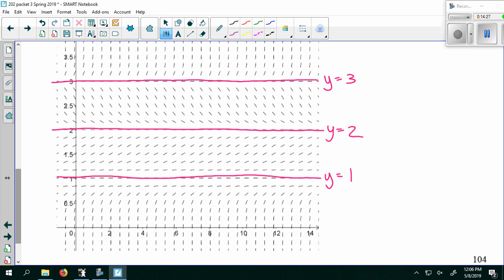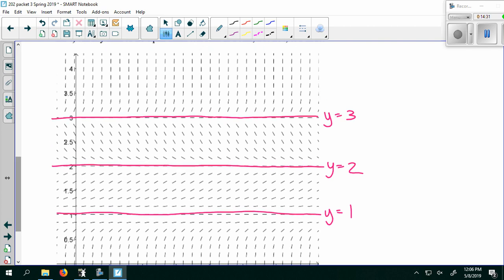So I would do that by looking at, do my solution curves approach or go away from the equilibrium solutions? So if I put an initial condition above y equals 3, it looks like the solutions all head away. And if I put one below, they come down like this. And then if I come down here, these ones go up like that.